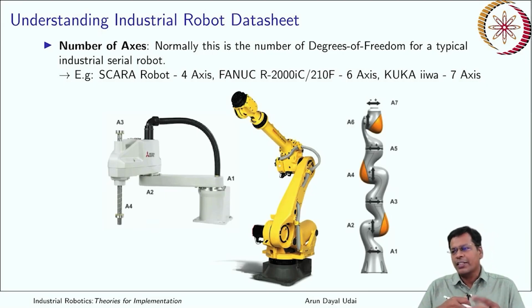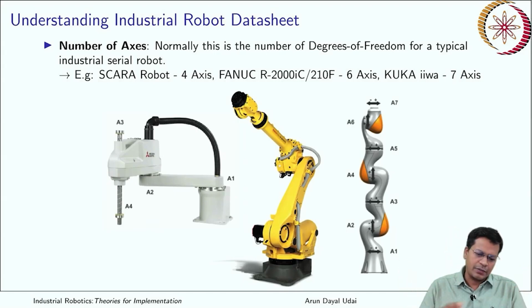For now, at least for a serial robot arm, normally the number of independent joints it has becomes the number of axes for the robot, and that is the degrees of freedom for that particular robot. That is in general not always true, but yes, that should normally be the case.